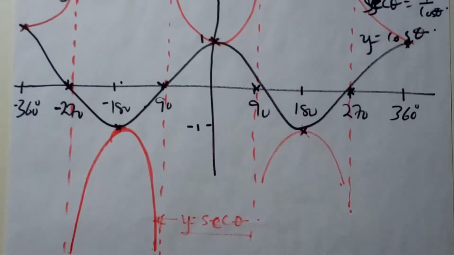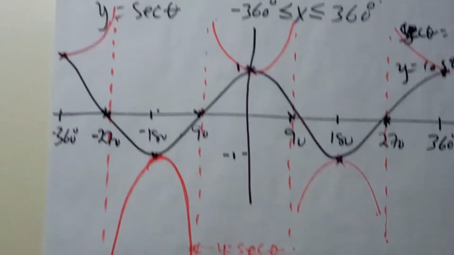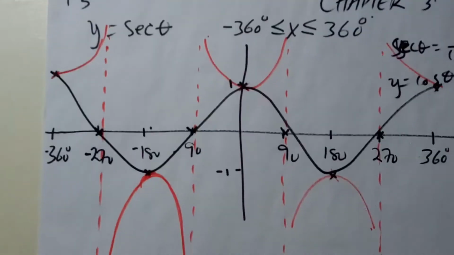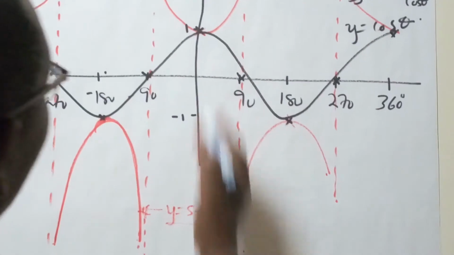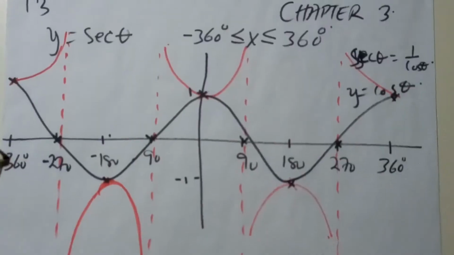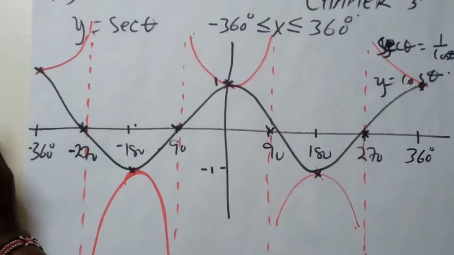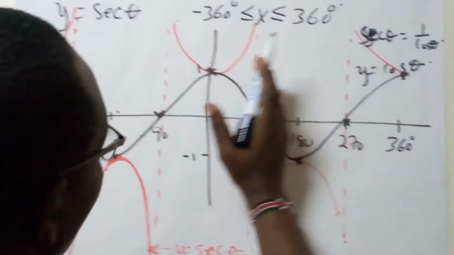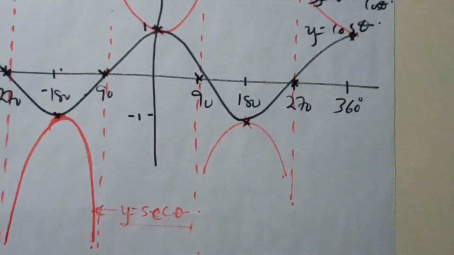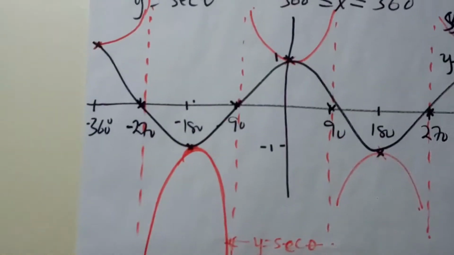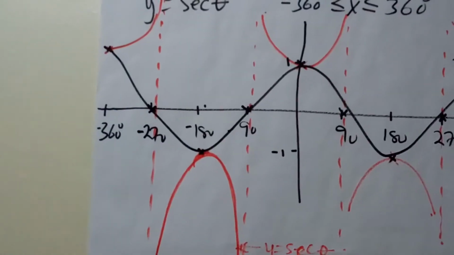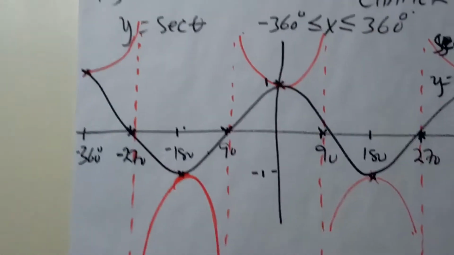You also need to know that it has symmetry in the y-axis, meaning that if you cut across the y-axis, the left-hand side is identical to the right-hand side. It has a period of 360 degrees. What does that mean? It repeats itself after every 360 degrees.